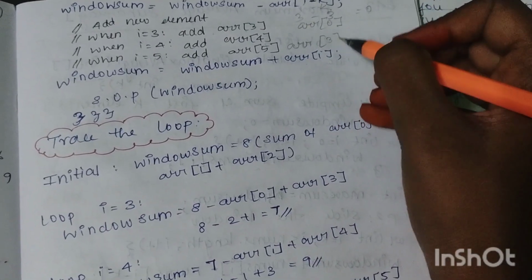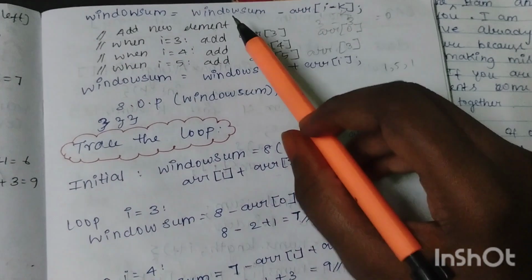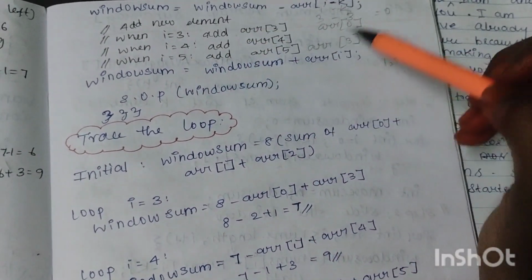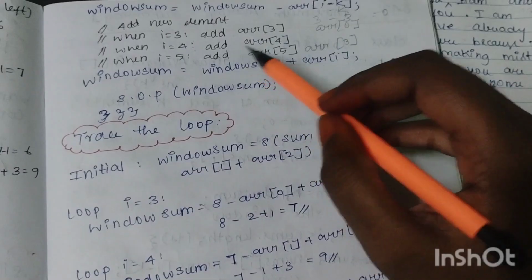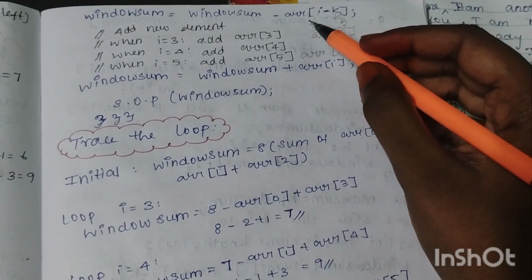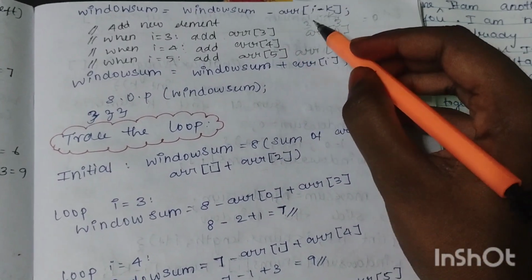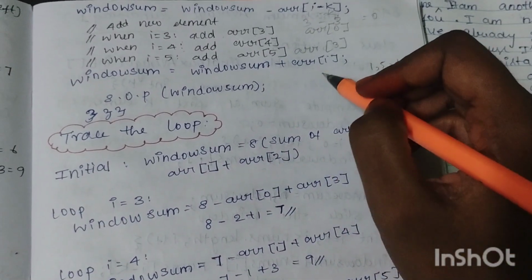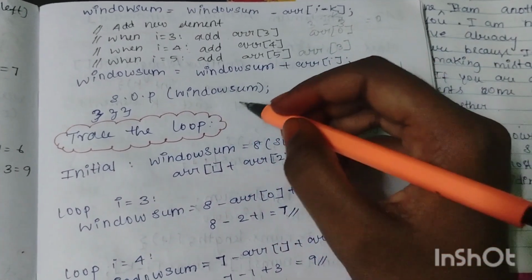So we will slide through 1, 5, 1. Then when the loop runs with i is equal to 4, we are removing array of 1, that is 4 minus 3 is equal to 1. So we are removing array of 1, then adding array of 4, and so on. We get the final window sum.